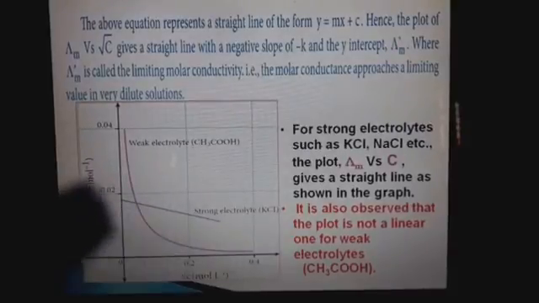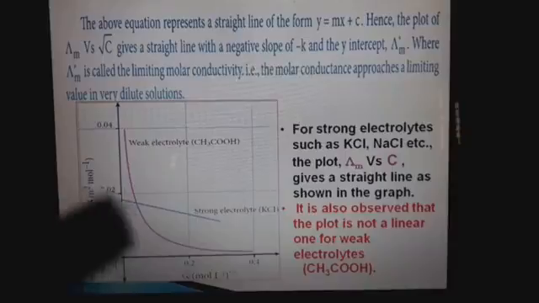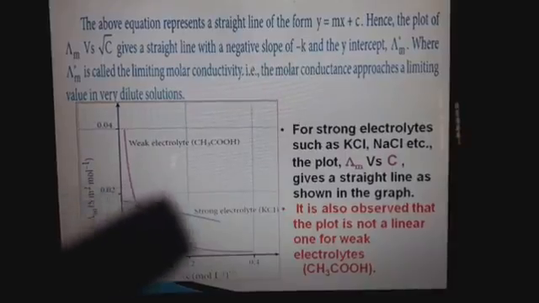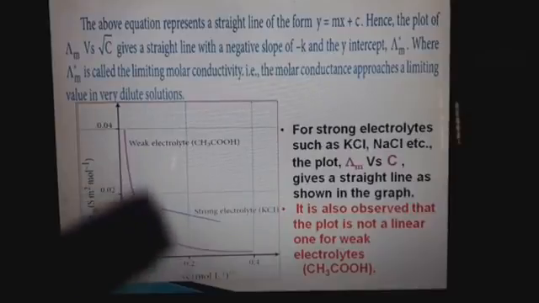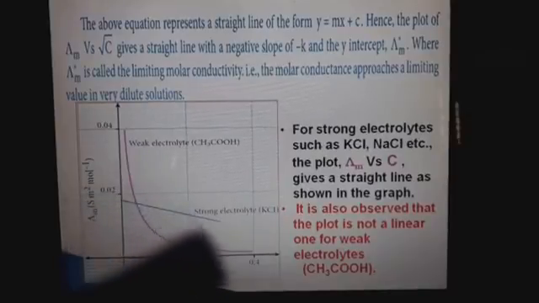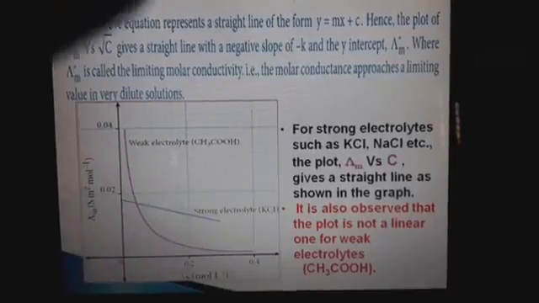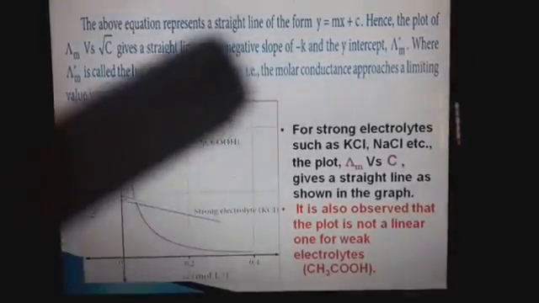Okay. Next, for the strong electrolyte, only a straight line appears. He gets a straight line. So this is the difference in this graph. Now the above equation represents a straight line in the form y is equal to mx plus c.